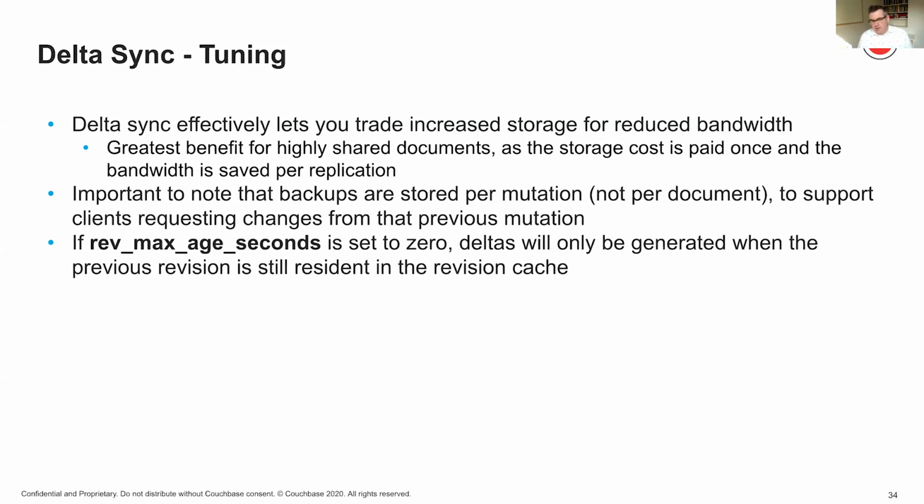What that means is, if you have a highly mutated document, the amount of backups being stored is going to be higher, because you can have multiple previous documents being stored for up to a day. So if max age seconds is set to 0, then deltas are only going to be generated when the previous revision is still resident in the cache.